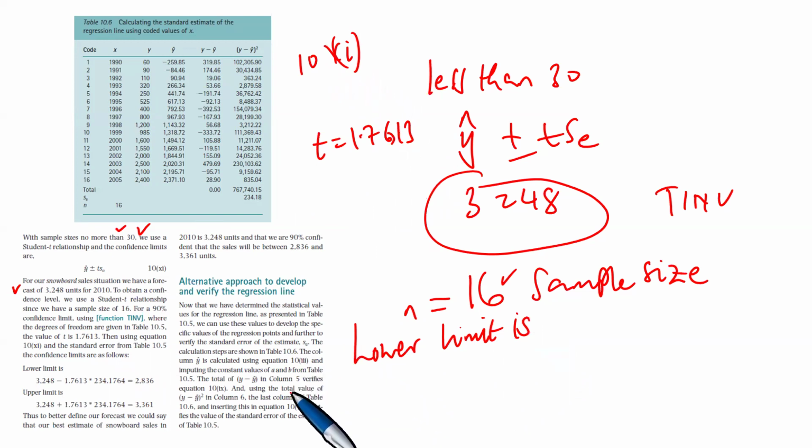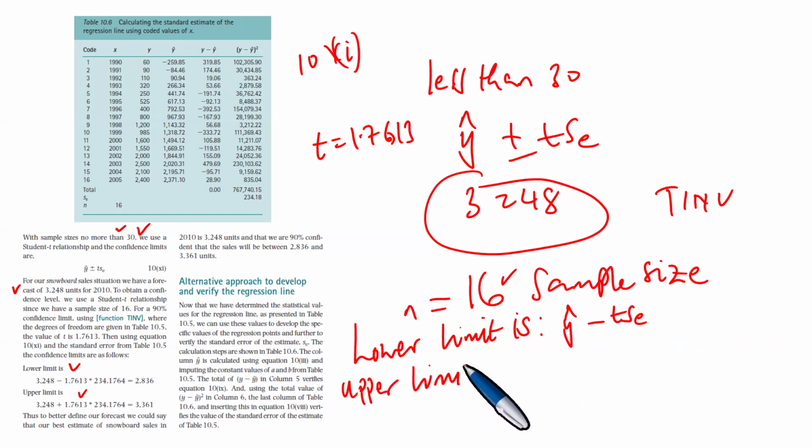For the Student t relationship, we have a lower limit and an upper limit. The lower limit is y hat minus t times the standard error, and the upper limit is y hat plus t times the standard error.